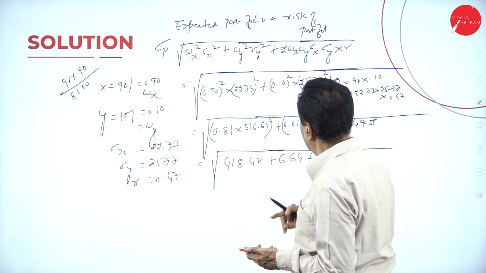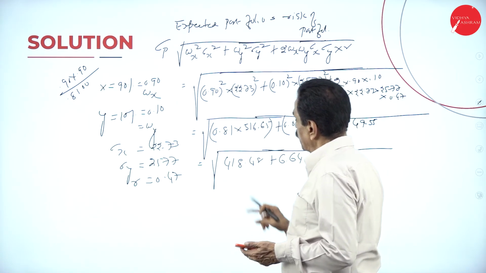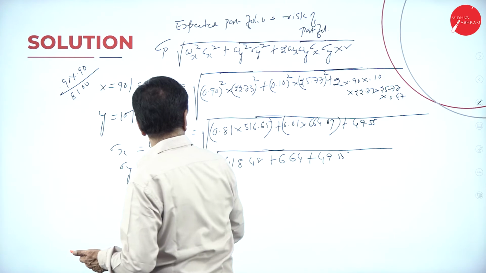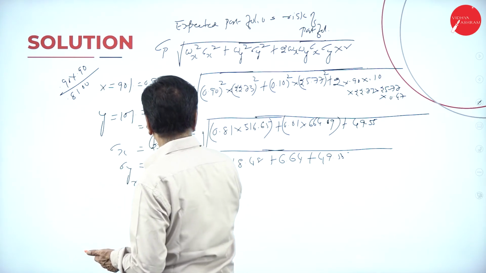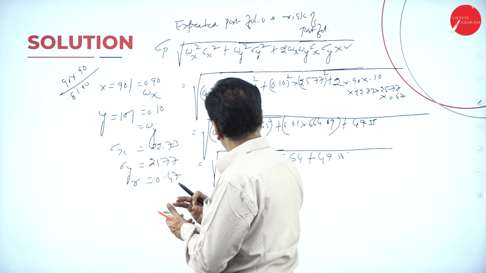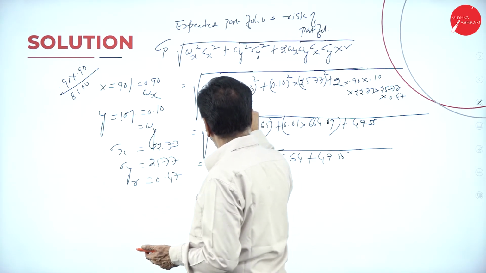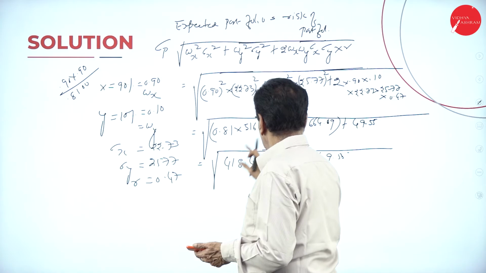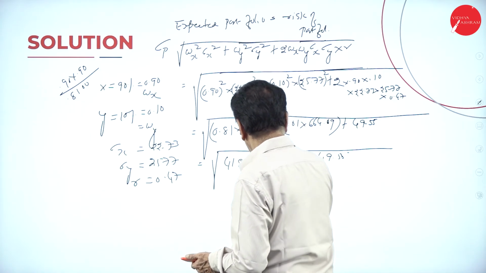This is 0.01, 0.81 into 0.81. I got a doubt here. 0.90 into 0.90, 0.81, 80%.